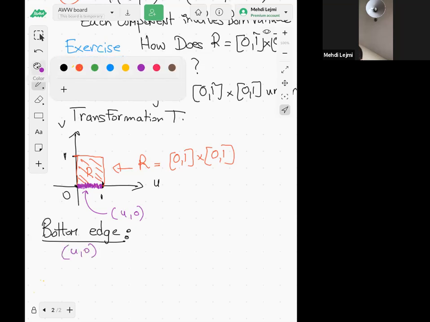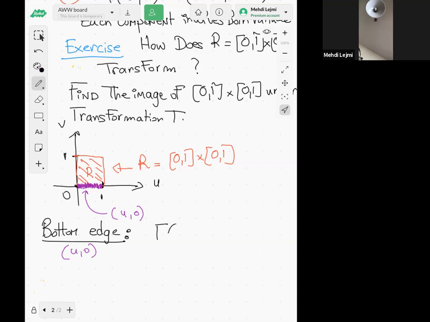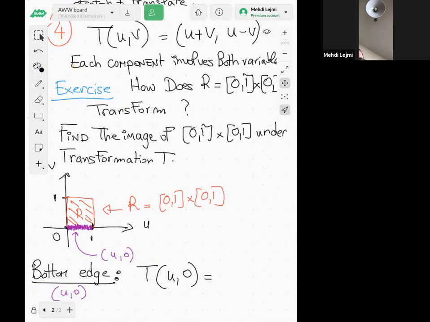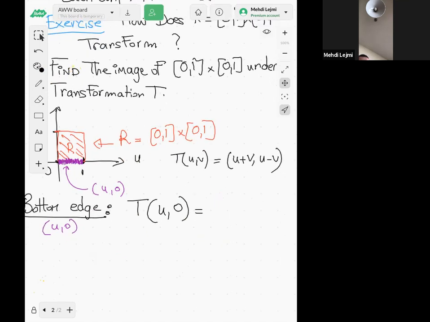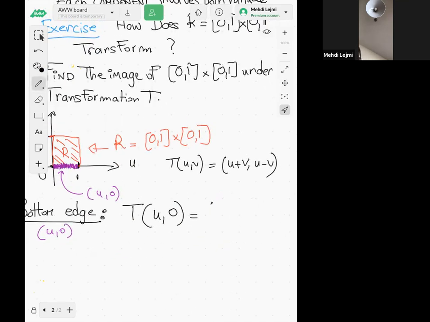Now, what's the image of (U, 0) under my transformation T? Well, T of (U, V) is equal to (U plus V, U minus V), all right? So T of (U, 0), with V equal to 0, would be equal to (U, U).